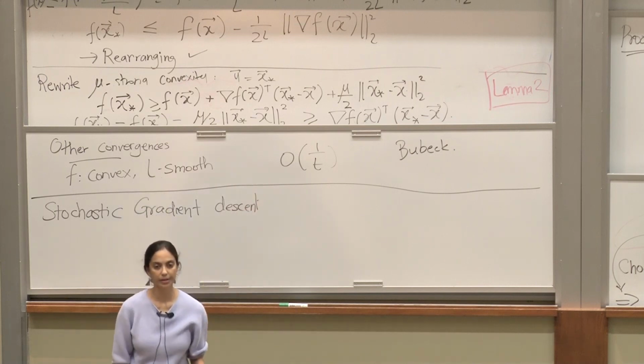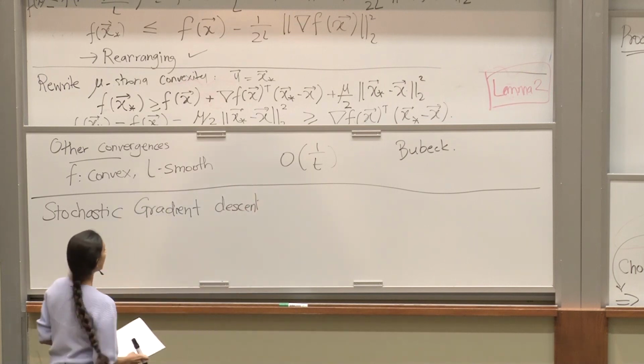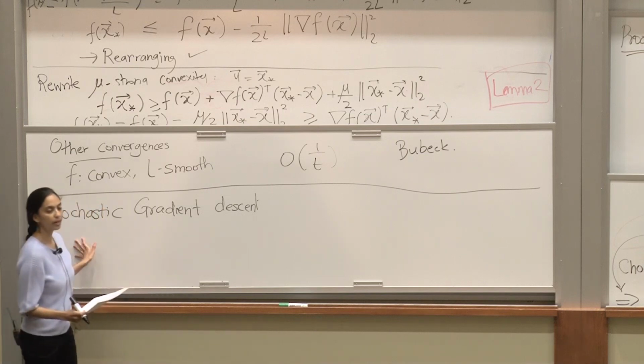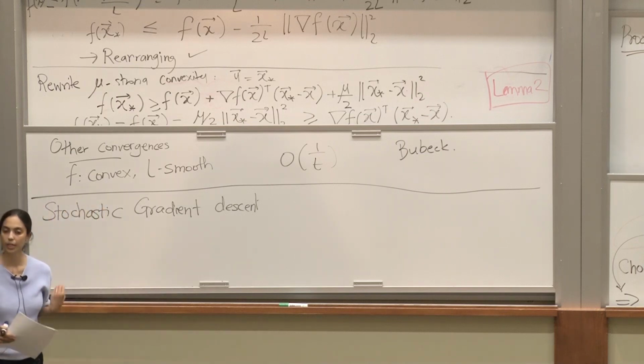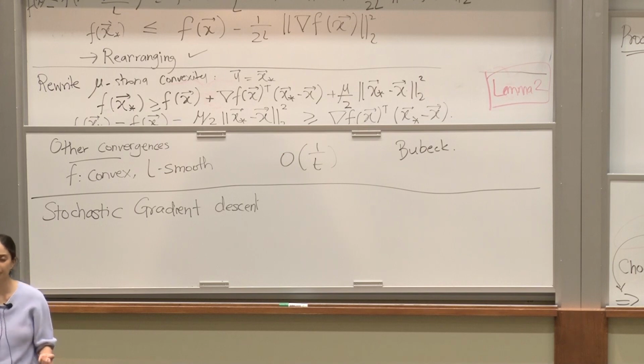So stochastic gradient descent relies on the idea that often the function you're minimizing is some kind of loss function, and this loss function is being evaluated at many different points.